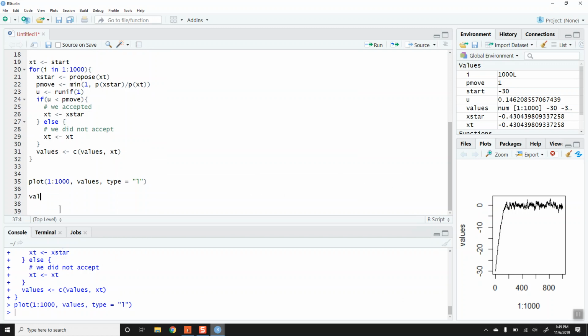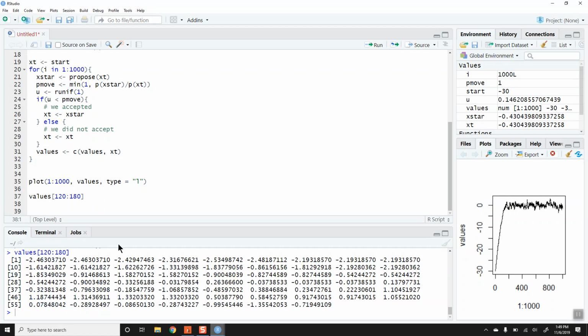Let me look at values like 120 through 180. Okay, well, let's just throw away everything before 120.